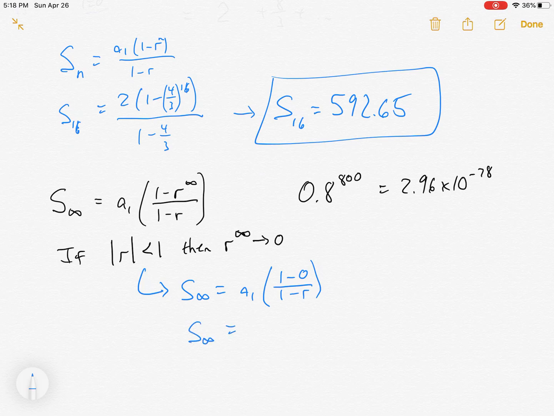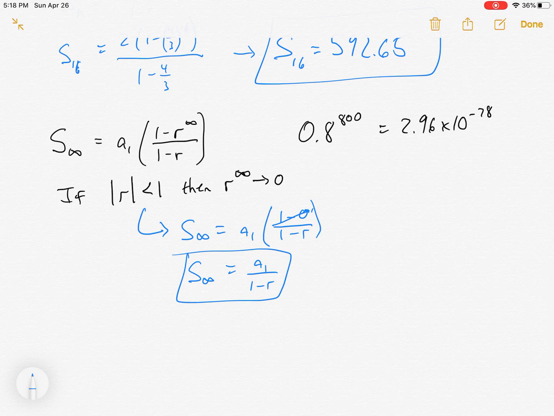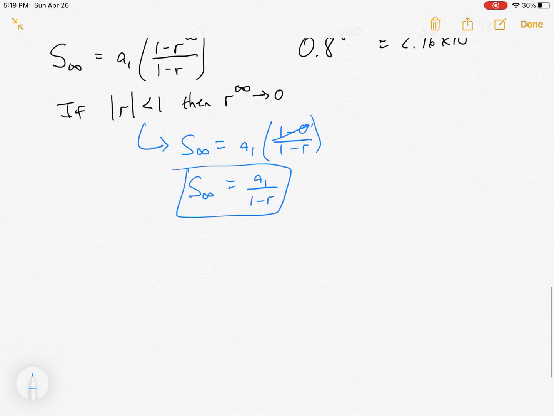So in this scenario, the infinite geometric series is A1 times (1 minus 0) over (1 minus r). Well, 1 minus 0 is just 1, right? And 1 times A1, so it just ends up being this, which is so simple looking. These problems are actually very simple calculations, it's just the first term divided by 1 minus the ratio.